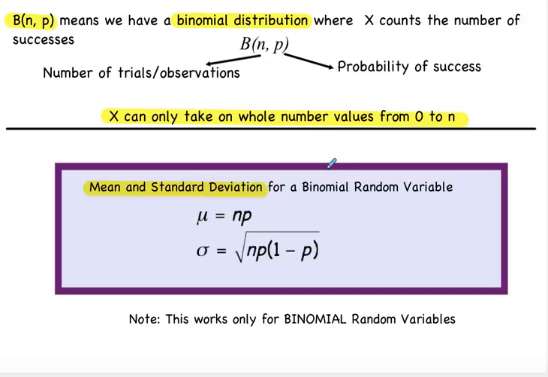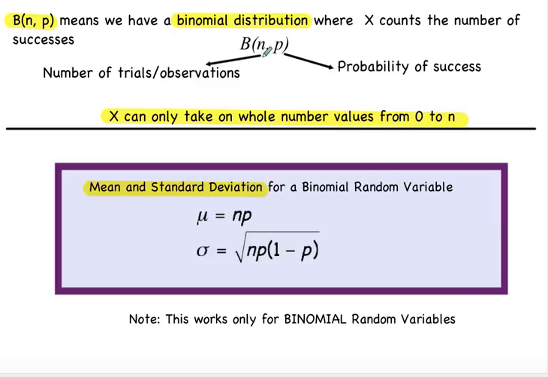Before we get to all the calculator work, if all the BINS checks out and you know it's binomial or you're told it's binomial, then you would be able to unlock these two formulas. So if you need to find a mean and a standard deviation, you would do the number of trials times the probability of success.